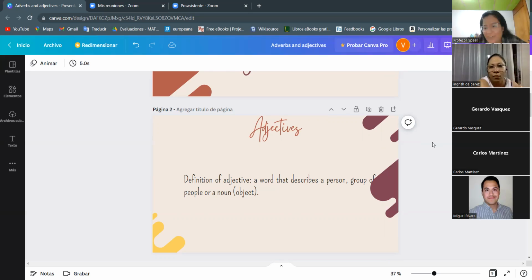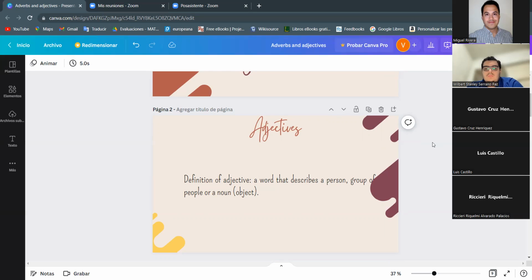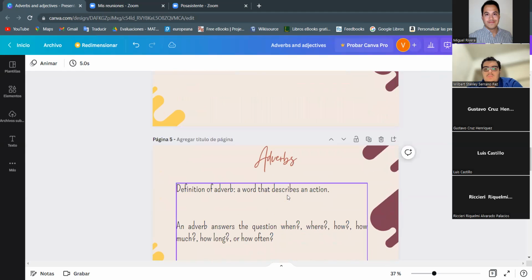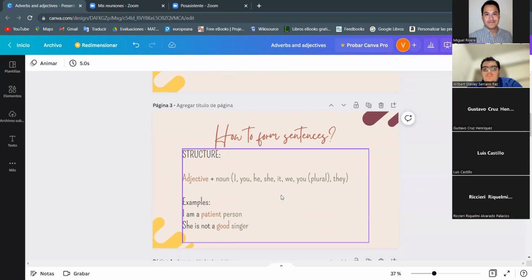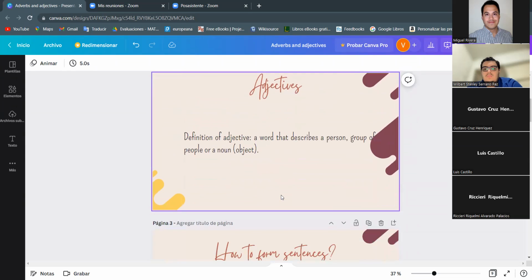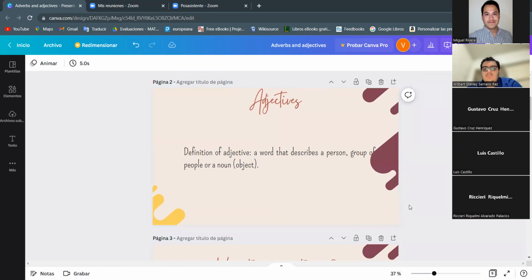Let's see, who do we have here? Luis, once again, what do you think is the difference between an adjective and an adverb based on the definitions? Well, I guess that the adverbs answer some questions, and the adjectives just describe some action or some people or something like that.